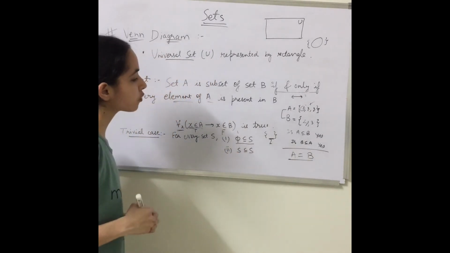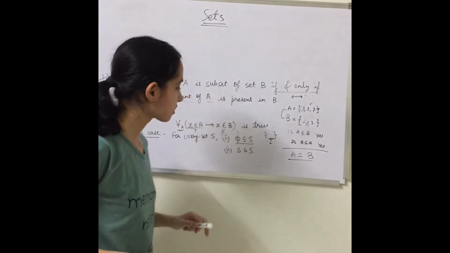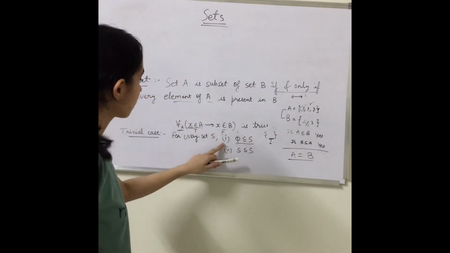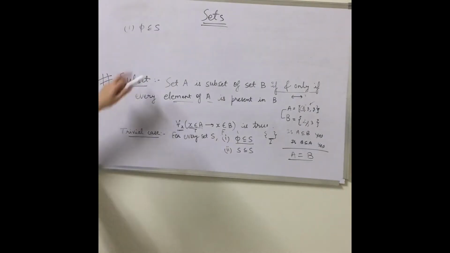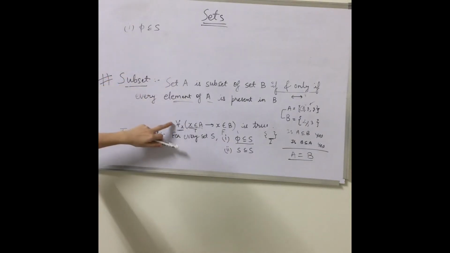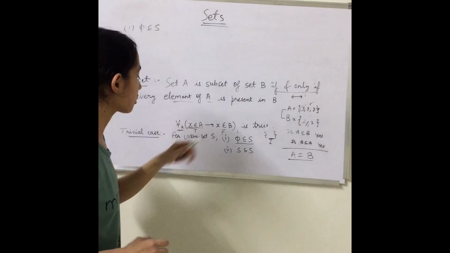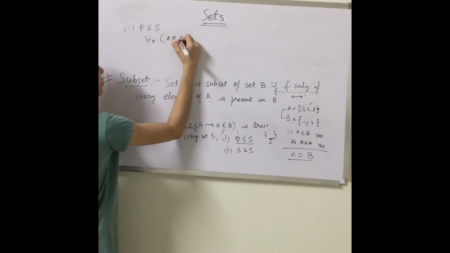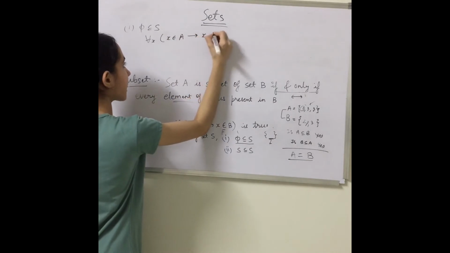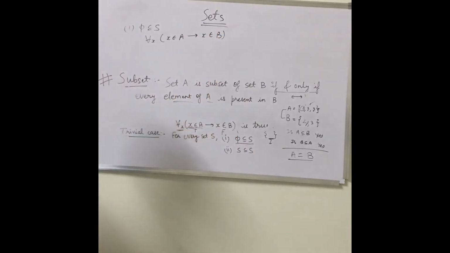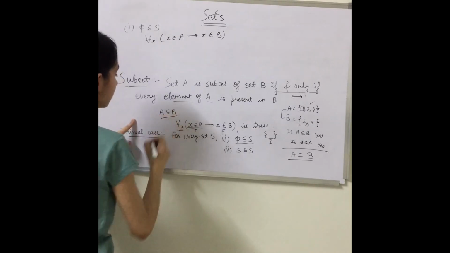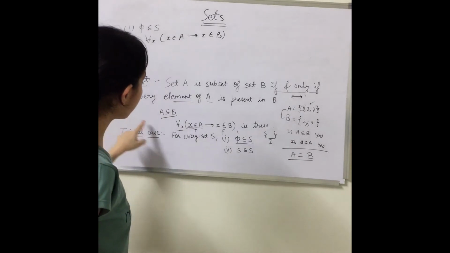Now, how to prove it? So the first case, phi is a subset of S. Let's try to prove how this is true. We prove it with the help of first order logic. For all x, x belongs to A implies that x belongs to B. This is for A is a subset of B, right?